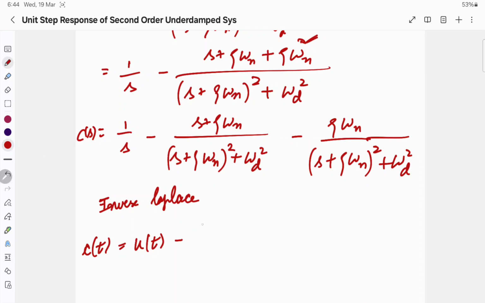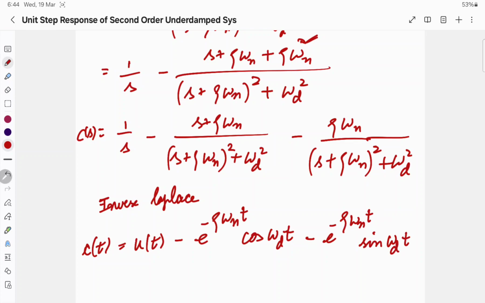This is s plus a; instead of a we have zeta omega n, so minus e power minus zeta omega n t cos omega d t, minus e power minus zeta omega n t sin omega d t. For this the Laplace transform is this, and for 1 by s the Laplace transform is u of t.